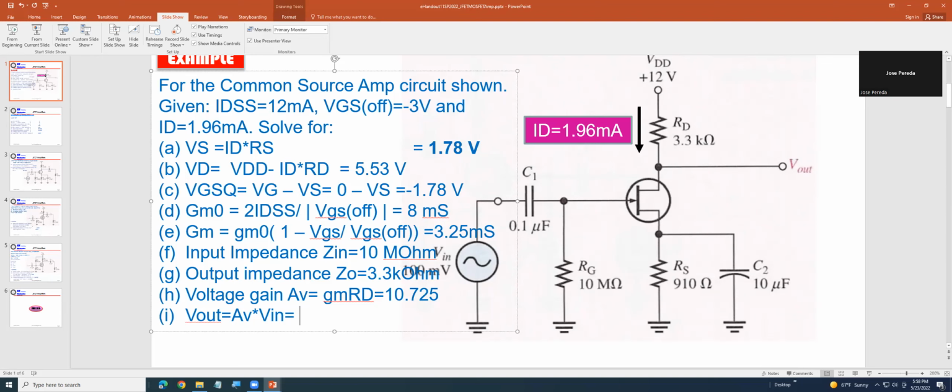Okay, 34.8. What is the gain? The gain is 10.7, times the input. Oh, I'm sorry, the VIN didn't take the right number.